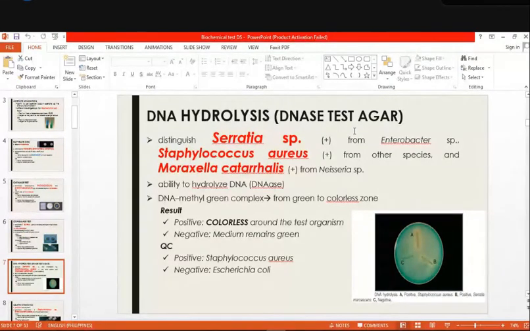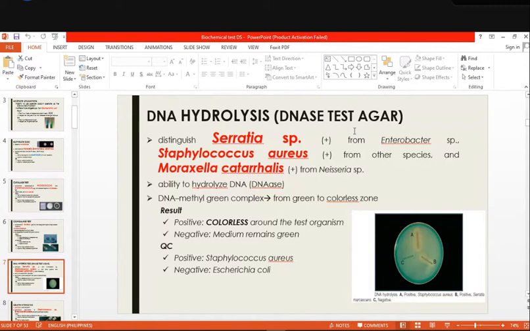Pag toluidine blue, the toluidine with DNA will be a blue result. Magiging blue muna siya, but when your DNase, the deoxyribonuclease enzyme, hydrolyzes your toluidine blue plus DNA, which is blue, the toluidine is reduced and converts to rose pink.